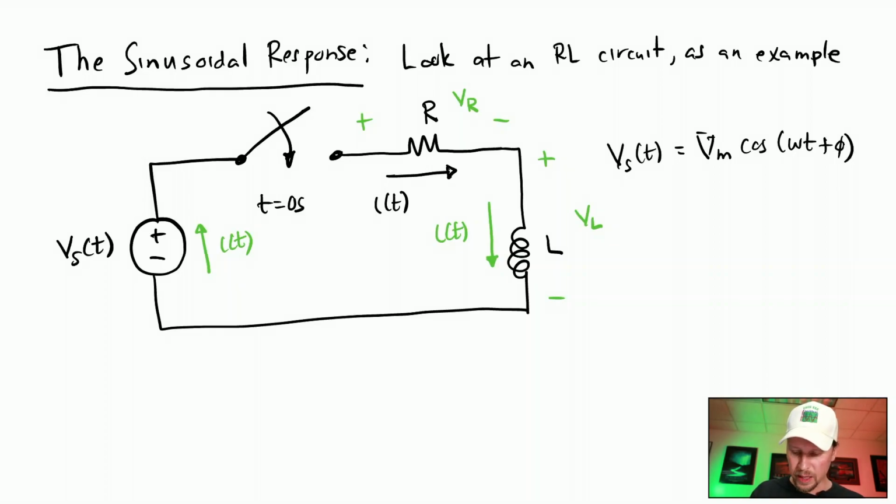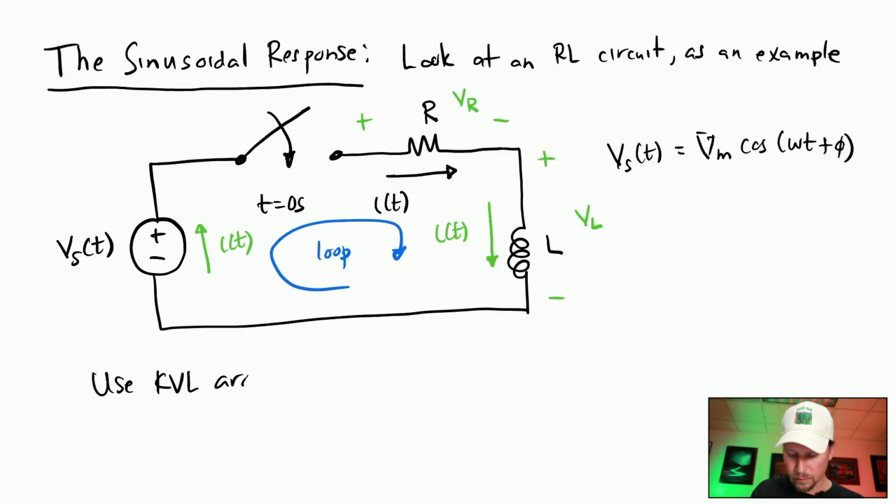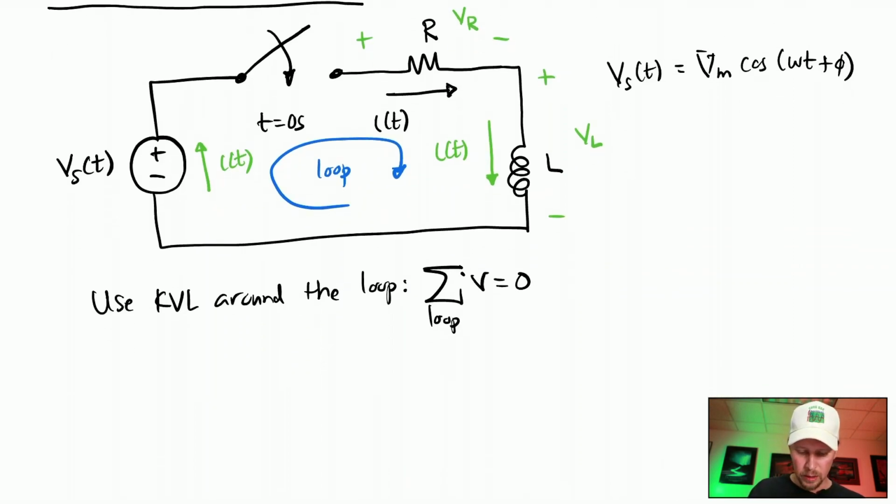Now, notice that we can actually define a loop here, and we can still use KVL around this loop. So if I use KVL around the loop, what I'm going to do is add up the voltages around the given loop, and they must add up to 0. Now, suppose that I start with the switch closed.